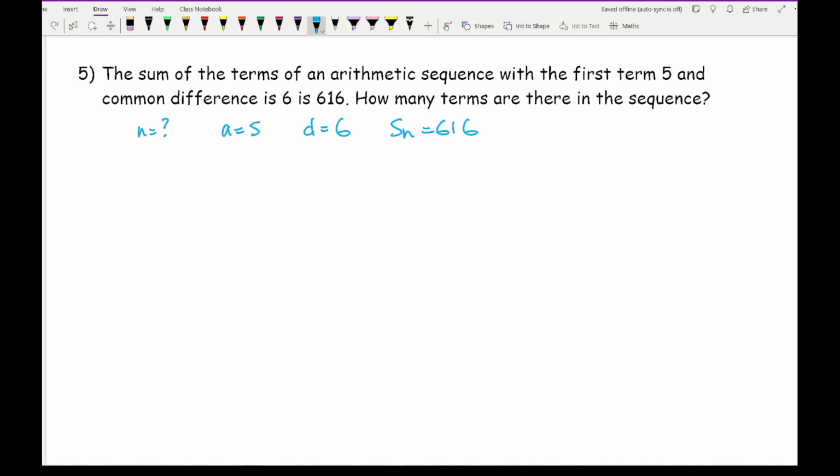Now, we don't know the last term, so the formula I'm going to use is Sn equals n over 2 (2a plus (n minus 1)d).